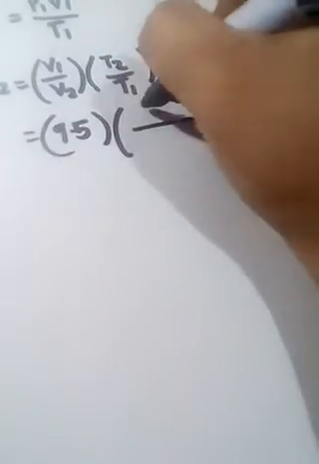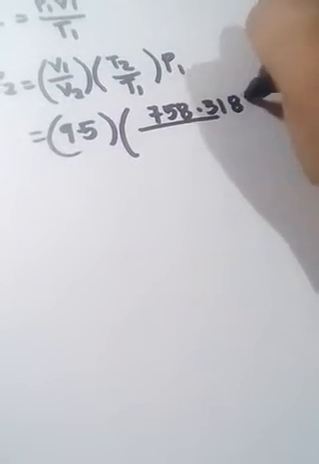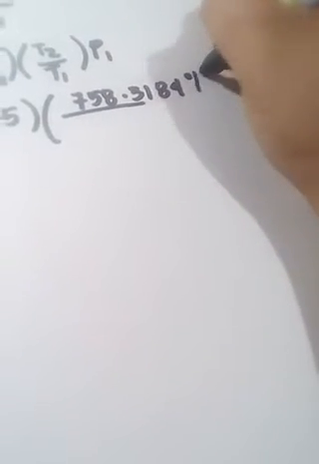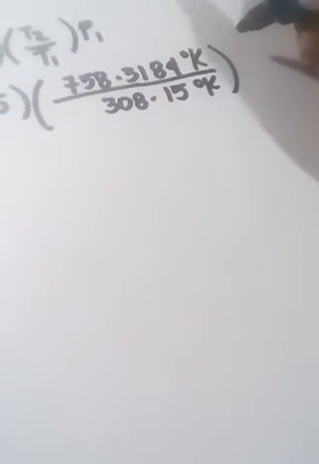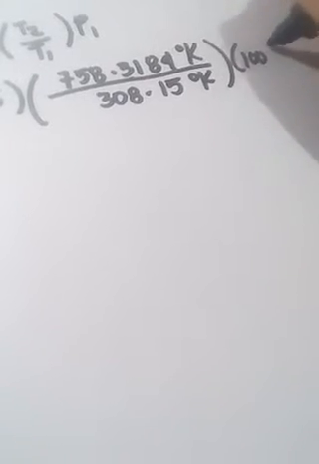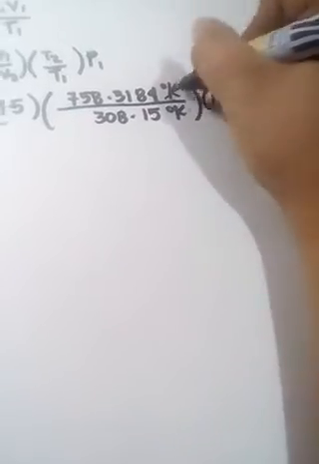So V1 over V2 is RK, which is equal to 9.5. T2 is 758.3184 degrees Kelvin over the temperature 1, which is 308.15 degrees Kelvin, times the P1, which is 100 kilopascal.